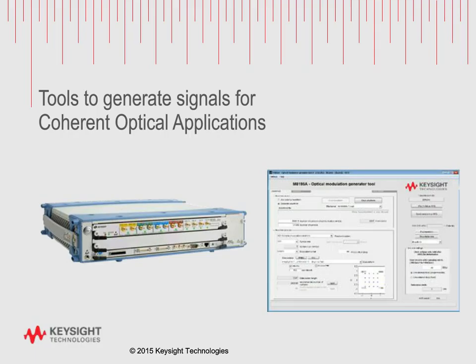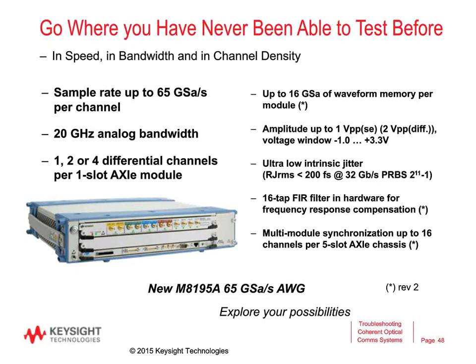So what are the tools that I use to generate signals for coherent optical applications? We have our arbitrary waveform generator, the M8195, sample rate up to 65 gigasamples per channel, 20 gigahertz analog bandwidth, 1, 2, and 4 channels. Differential channels are possible inside a single AXIe module.